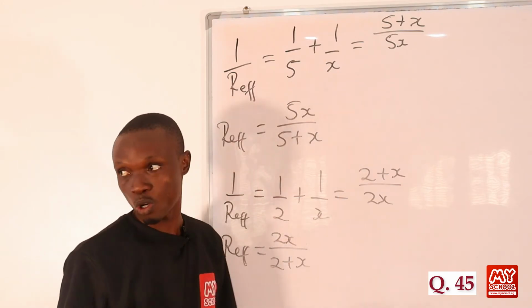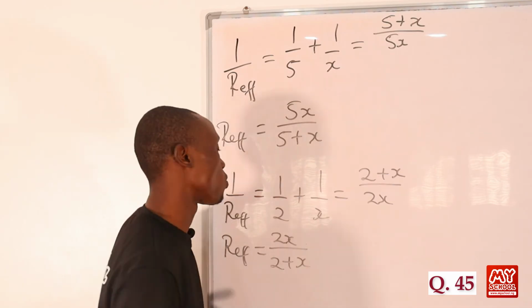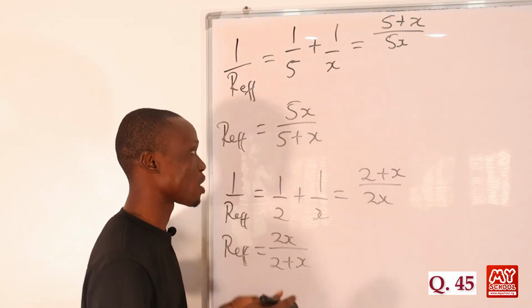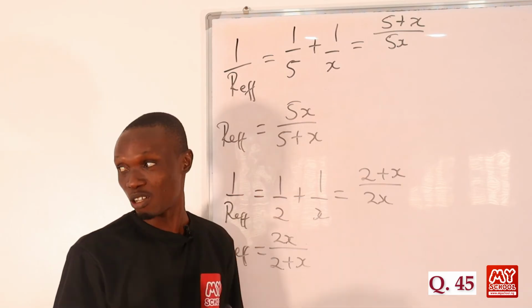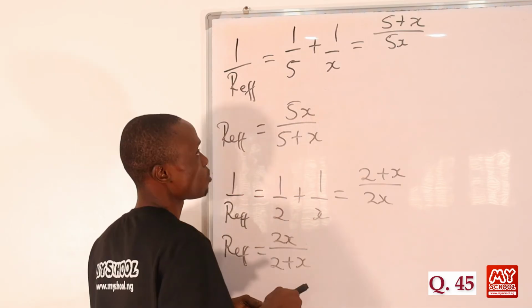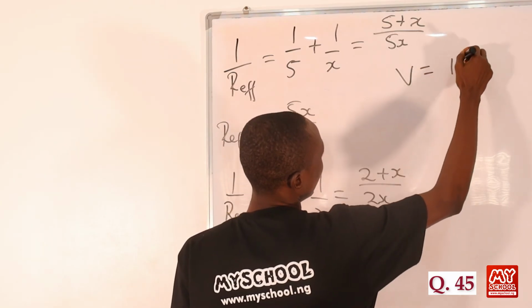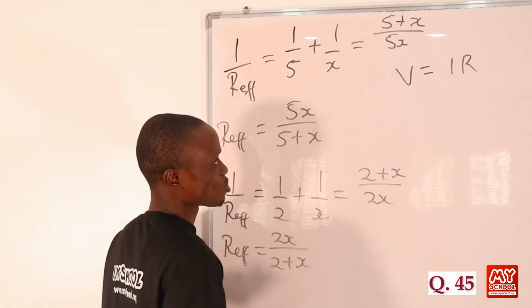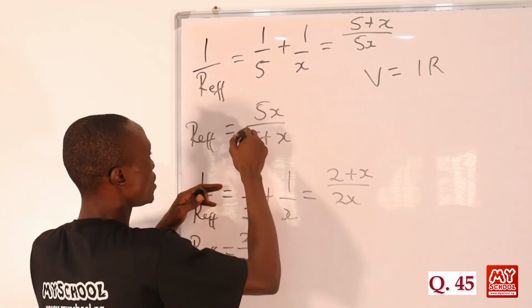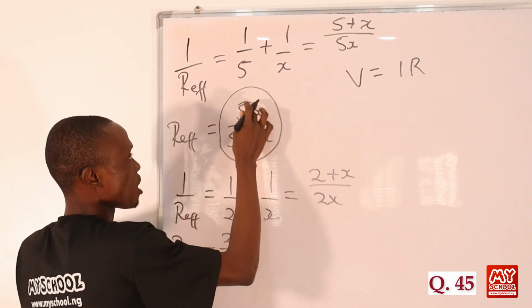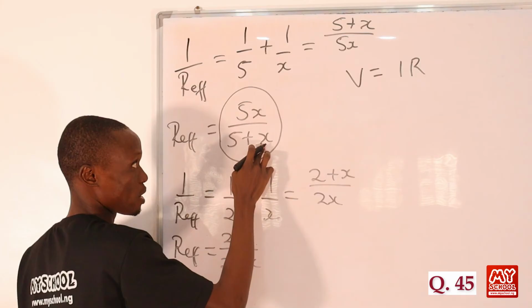But in this question, we are asked to determine the value of X, and the only way we can determine the value of X is for us to calculate for voltage, right? Now remember that from Ohm's law, voltage V is equals to IR, right? So let's substitute our value. So for here, our effective resistance is 5X all over 5 plus X, right?